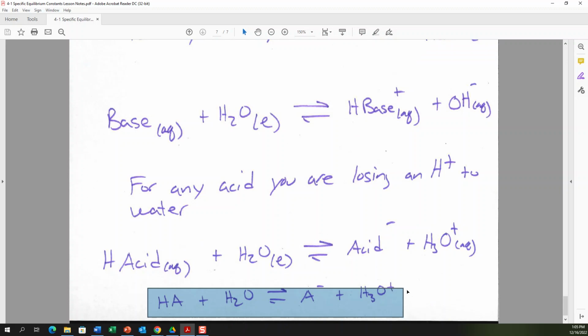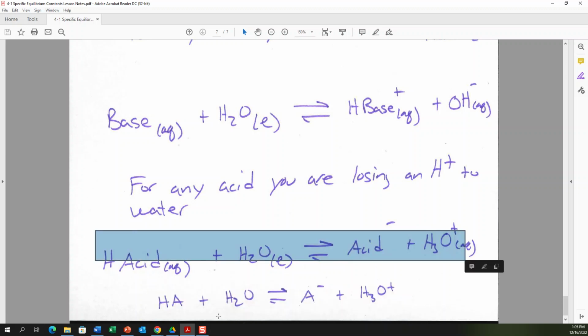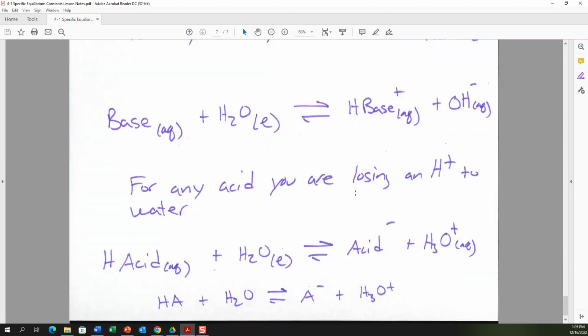This is the net ionic equation for a weak acid acting like an acid with water. It looks very familiar to this, just instead of acid, A: HA, A minus. H acid, acid minus. Same deal.